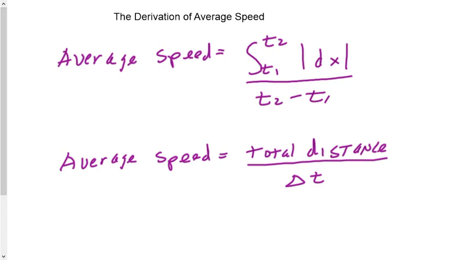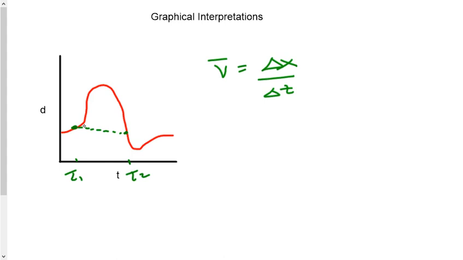Now graphically, what that means. Well, if I'm going from t1 to t2 here, and I want the average speed, I'll just use the letter s for that. I have to think, what's my distance from here up to my max position here? Let's call that d1. And then what's my distance when I go from here all the way back down there? Let's call that d2.